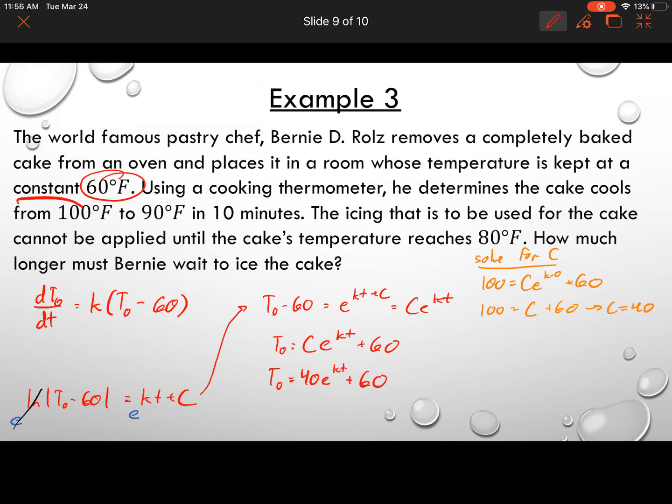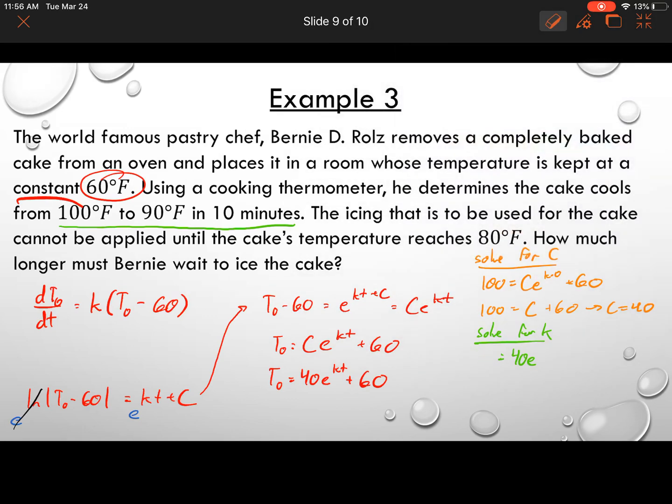We still have to find what k is equal to. So let's solve for k. To do that, we're going to use the fact that after 10 minutes, the temperature of the baked cake was now 90.